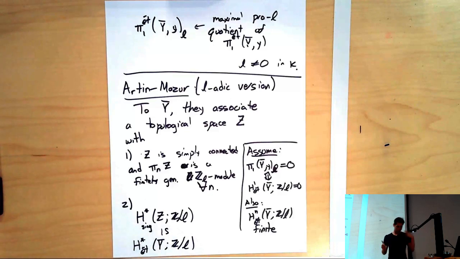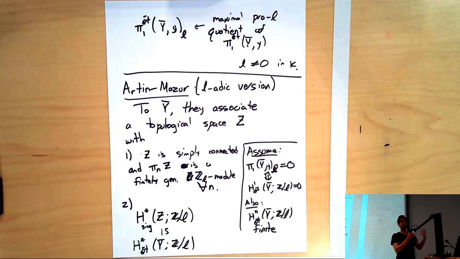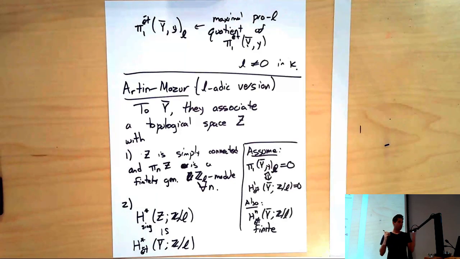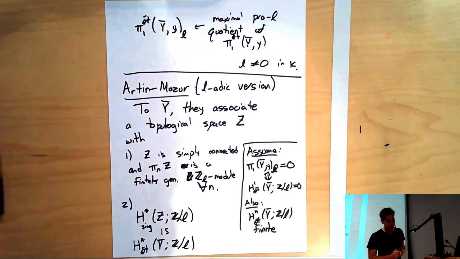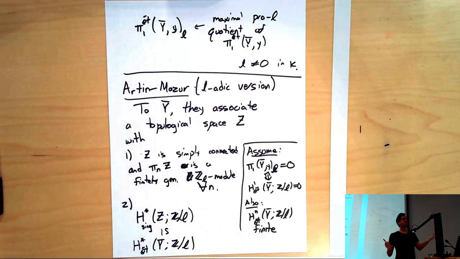It says the étale cohomology of Y literally is the cohomology of another topological space that you can construct which is related to Y. And the virtue of that is that, in algebraic topology, we're interested in all kinds of invariants of topological spaces, not just cohomology with mod L coefficients.